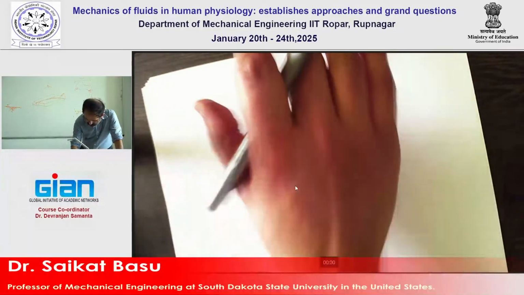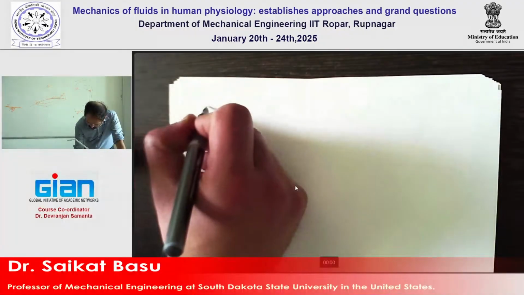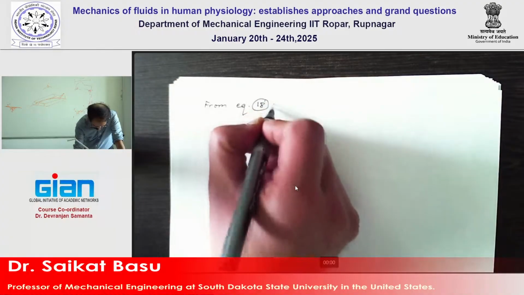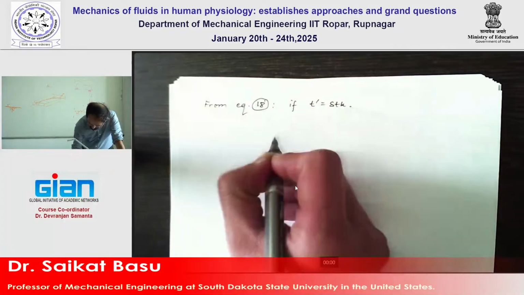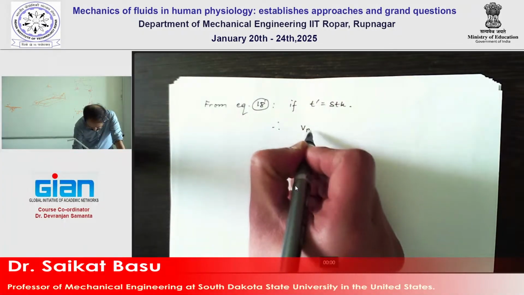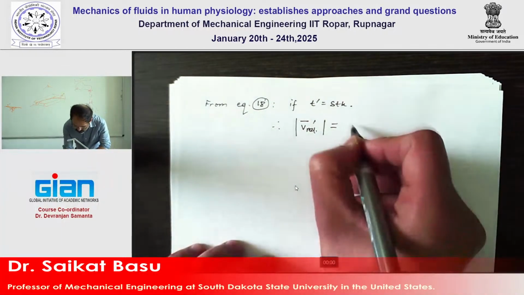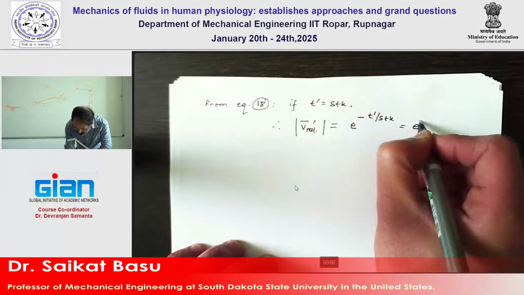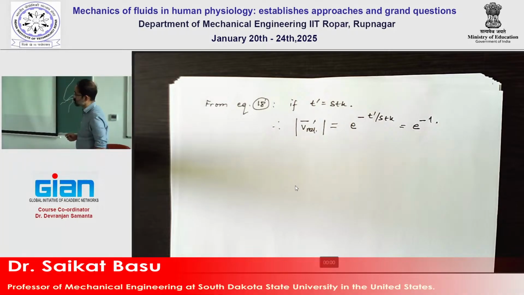So, again from equation 18, if this t prime is Stk, therefore the v relative would be e to the power of minus t prime over Stk, or e to the power of minus 1, right? So how much is that? Can you quickly use your calculator to tell me how much e to the power of minus 1 is?